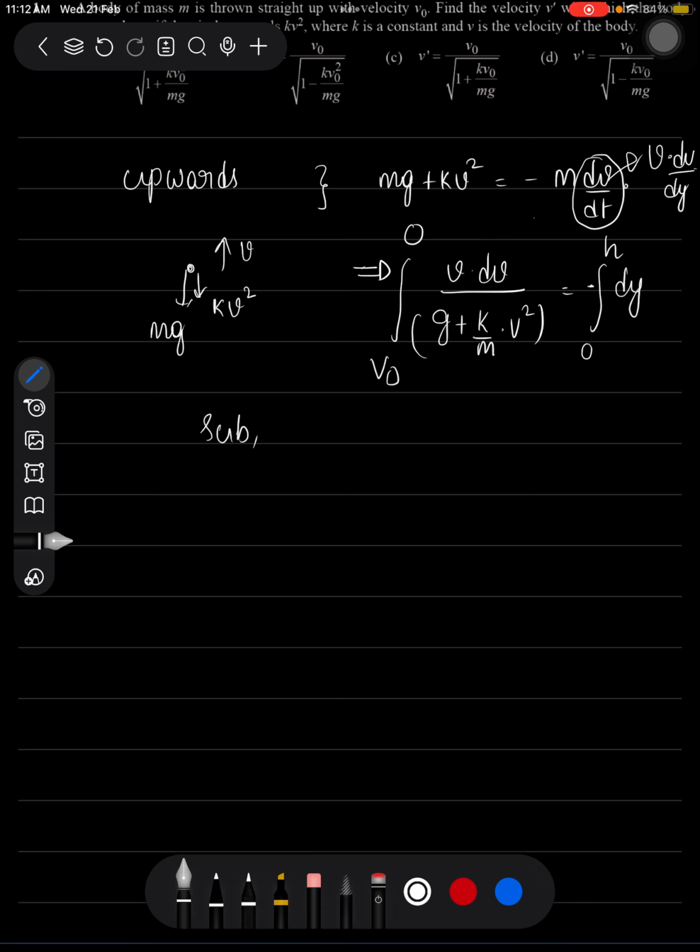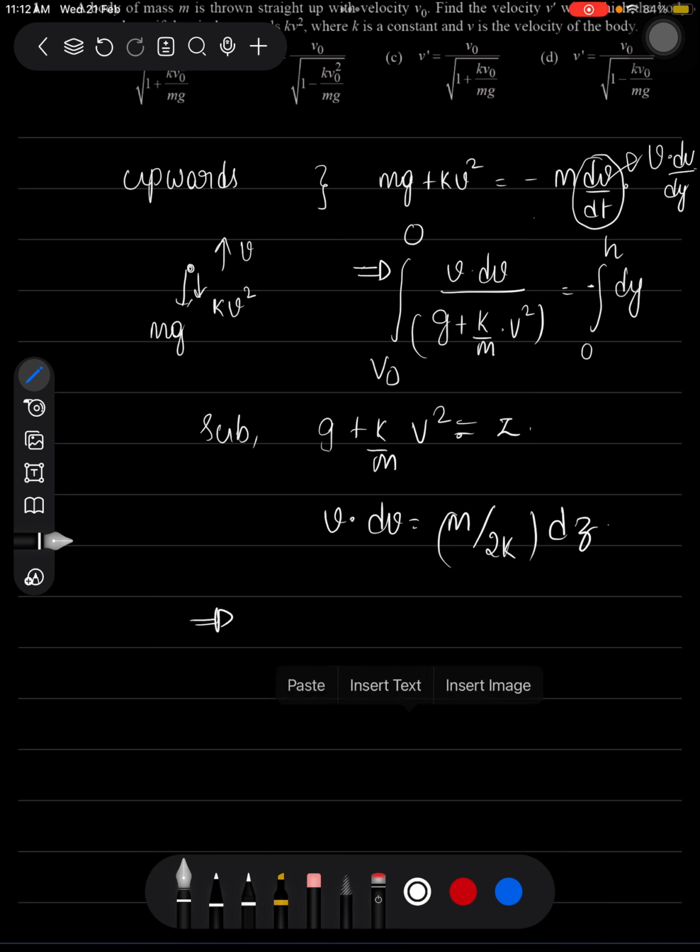Here we can solve this integration by taking a substitution. Let the denominator g + (k/m)v² equal some z. On differentiating we get v dv = (m/2k) dz. Let us substitute this z value and v dv in the integral.